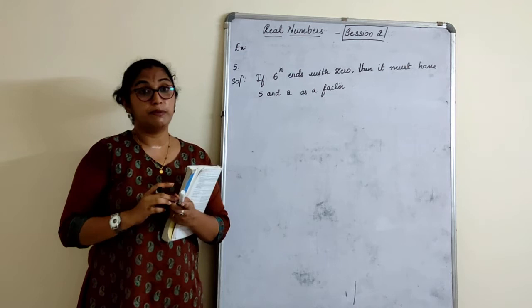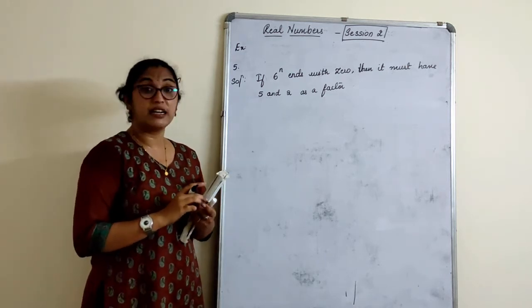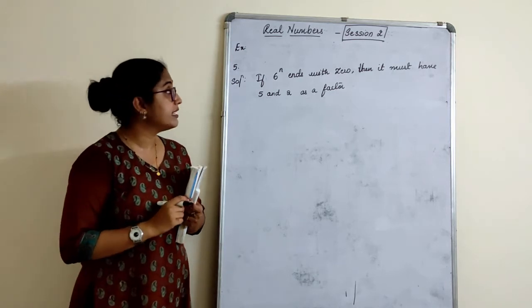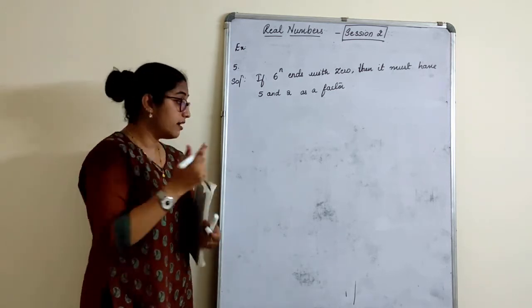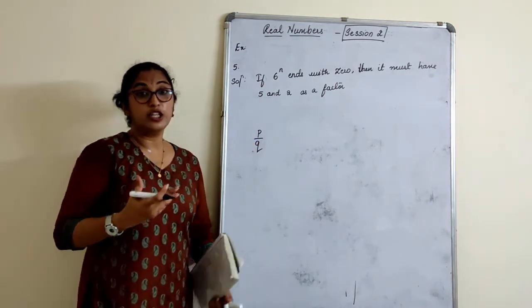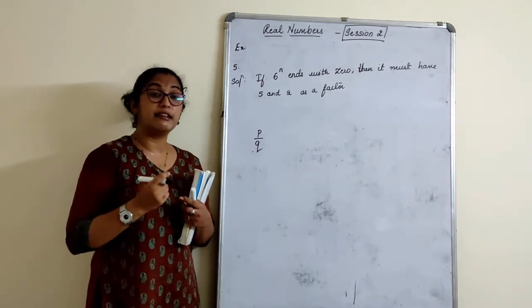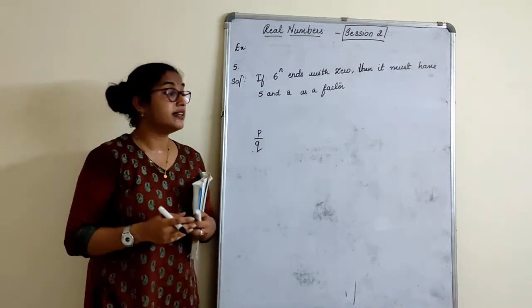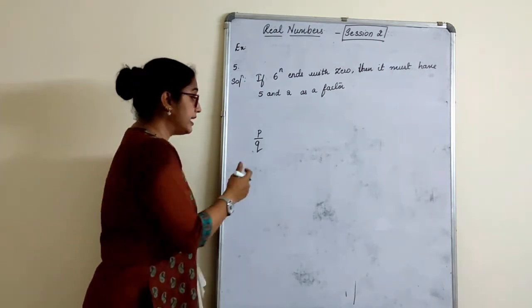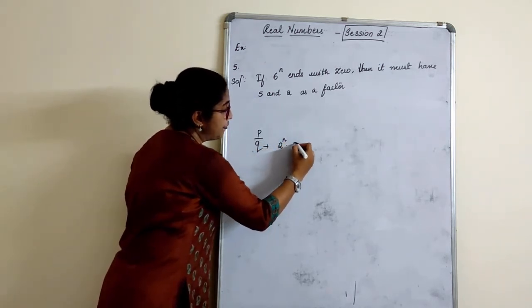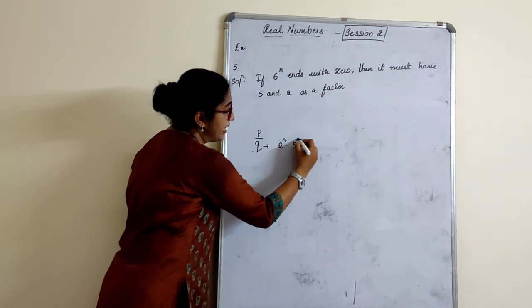Children, one more thing, if you remember, in 9th standard when we studied rational numbers, you had a concept about p by q. What condition for q will suggest that the number is a terminating decimal? If you can remember, recall that. We gave a condition saying that the denominator should be in the form of 2 raised to m or 5 raised to m.